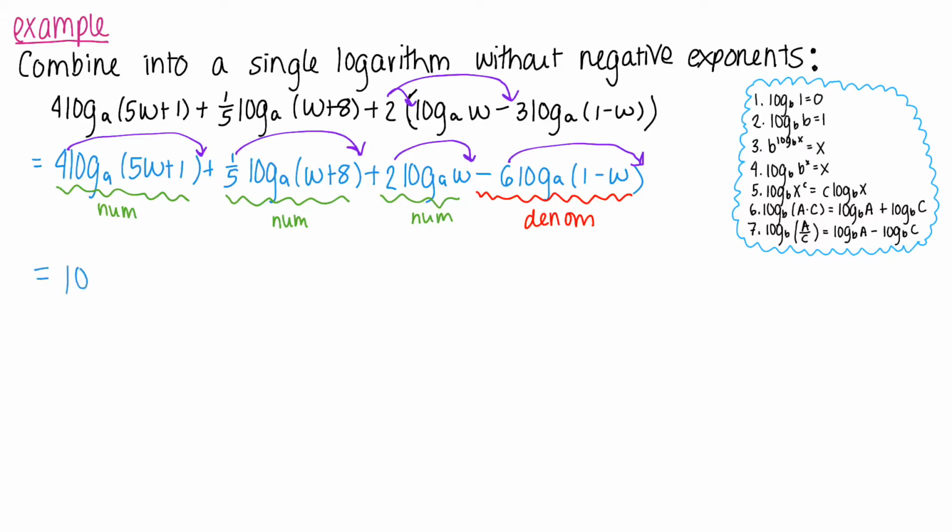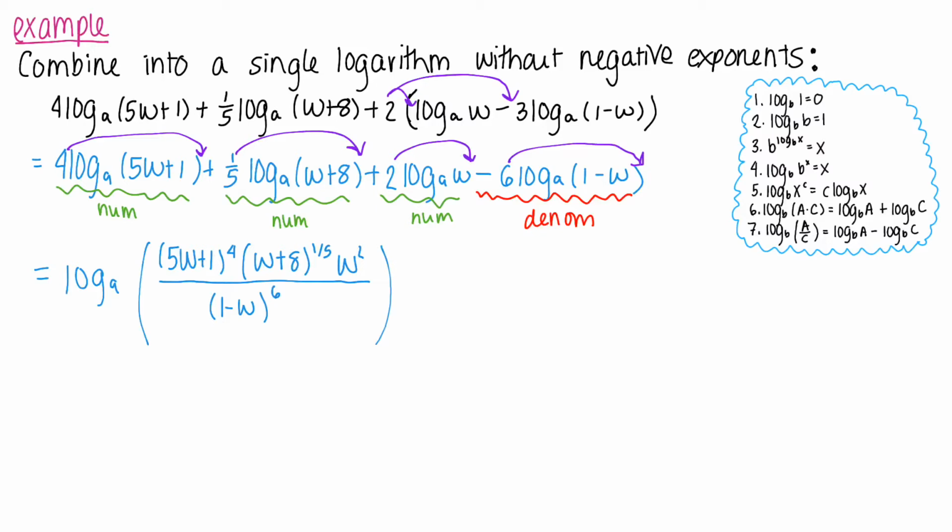So we have log base A. In the numerator, we have 5w plus 1, and then its exponent becomes a 4. For the w plus 8, it gets the exponent of 1/5. And then we have a w squared. In the denominator, once again, don't worry about the negative sign, just bring the 6 up. So the factor is 1 minus w, and then it gets an exponent of 6.